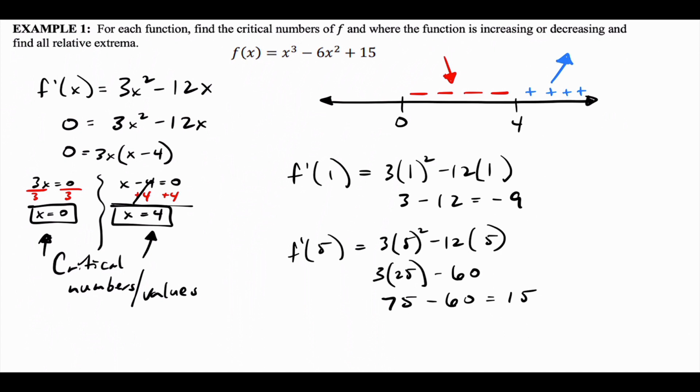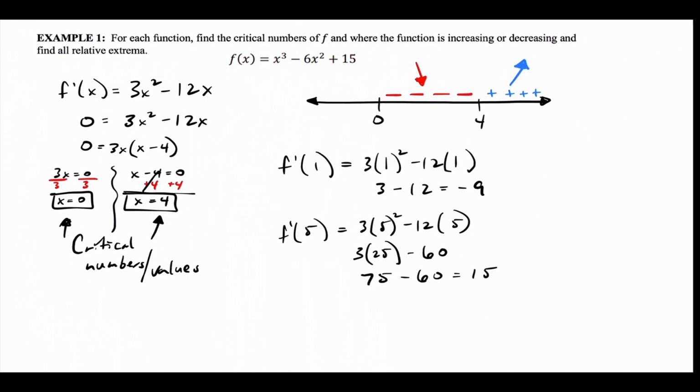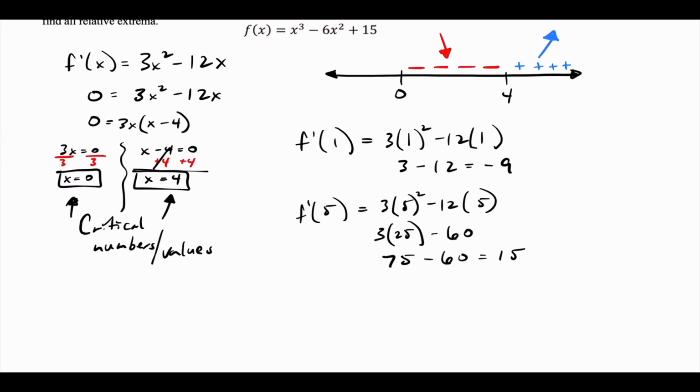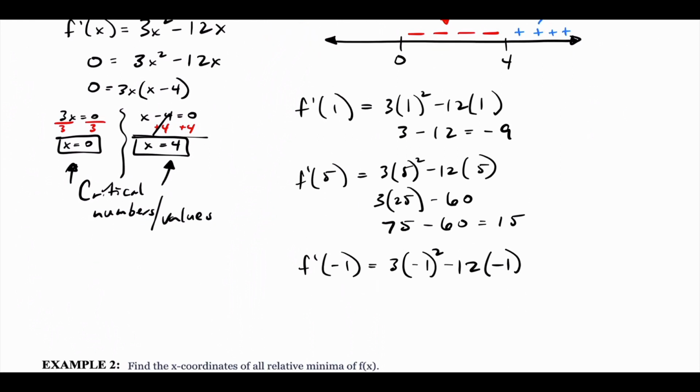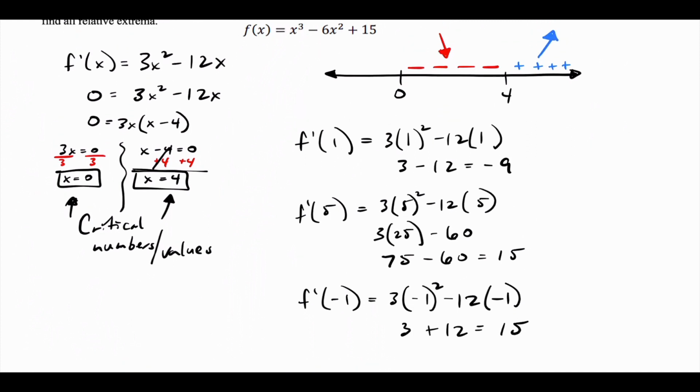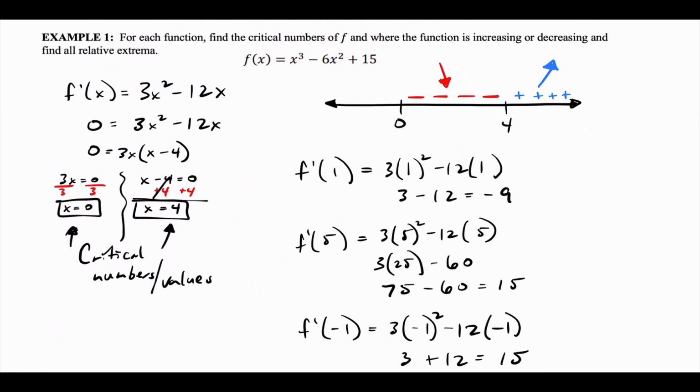One more thing to check. Less than 0. -1, -2, -3, -10. Any of those numbers we have to plug in. So I'm going to choose -1. So 3 times -1 squared minus 12 times -1. So I get 3 plus 12. Positive number again.